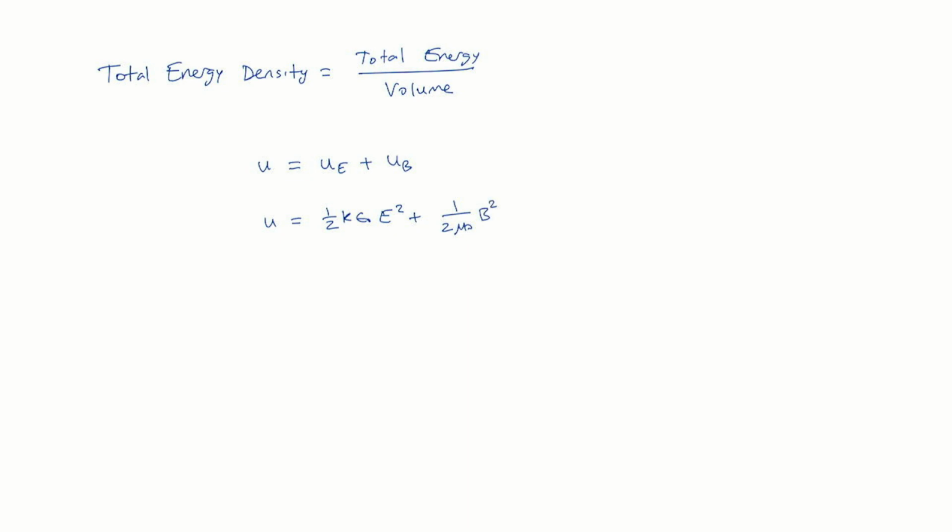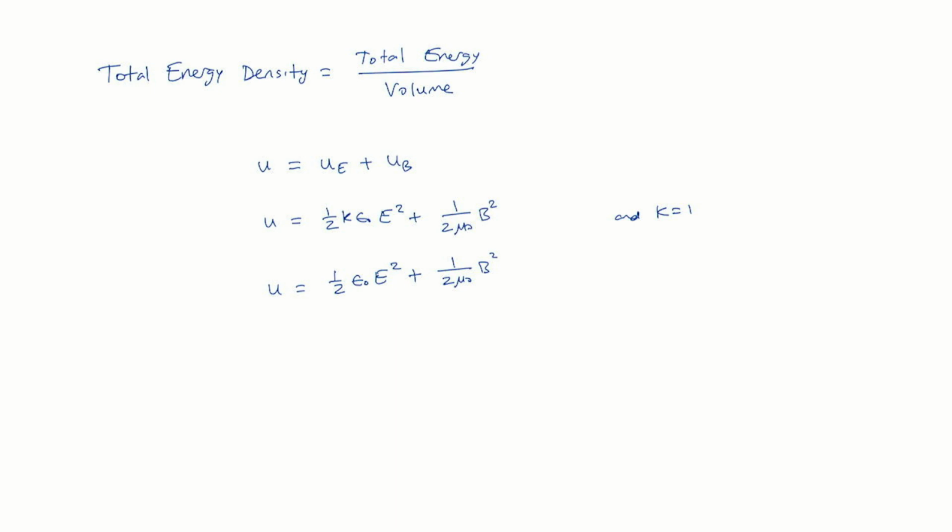In vacuum, kappa, the dielectric constant, is 1, and in air, kappa is very close to 1. So let's make that a simplification. Let's say kappa is 1. So U is 1/2 epsilon 0 E squared plus 1/2 mu 0 B squared.